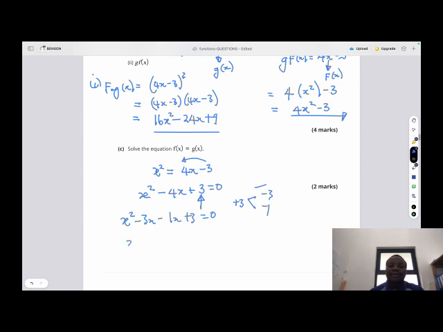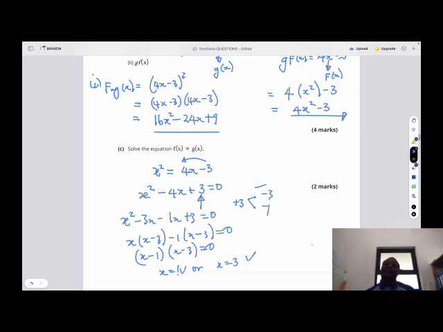And if we factorize this by grouping, we get x minus 3, then minus 1, x minus 3, which simply means x minus 1 in brackets and x minus 3 like that, which simply means x is equal to 1 or x is equal to 3. These are the solutions to the question.